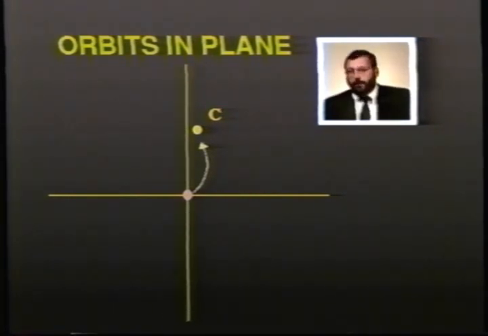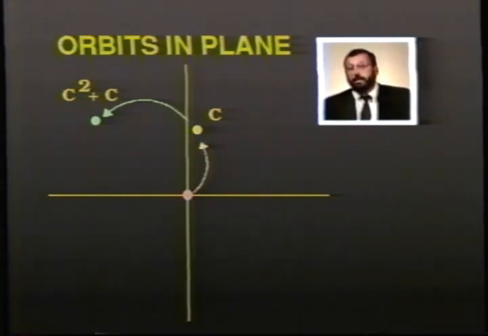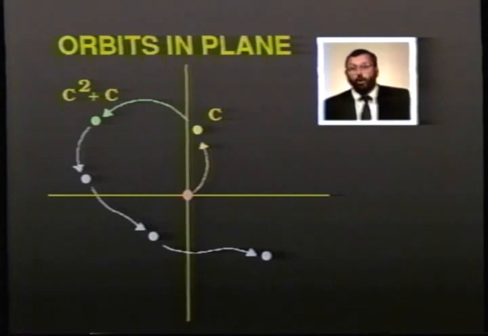If we now take that complex number and square it and add c, we reach a new complex number. That is, orbits of points under complex iteration are simply sequences of points in the plane. If we now take c squared plus c and apply the function over and over again, we continue with a sequence of points in the plane.